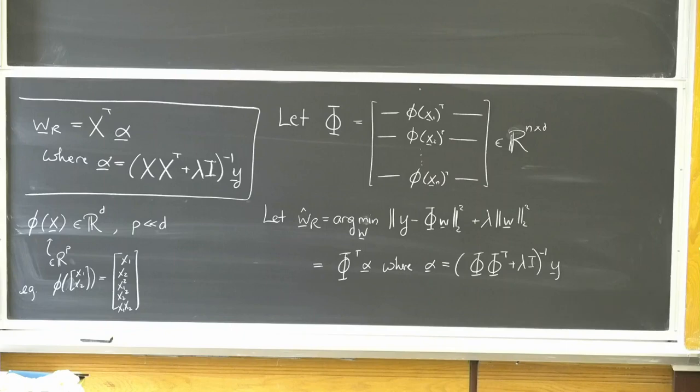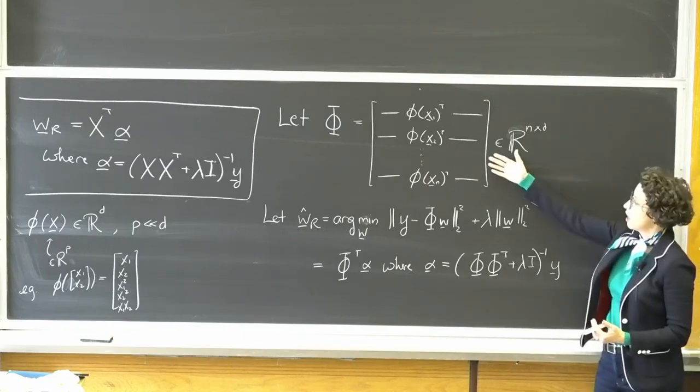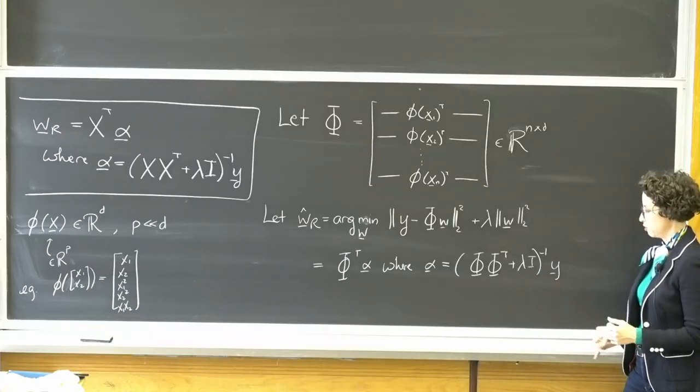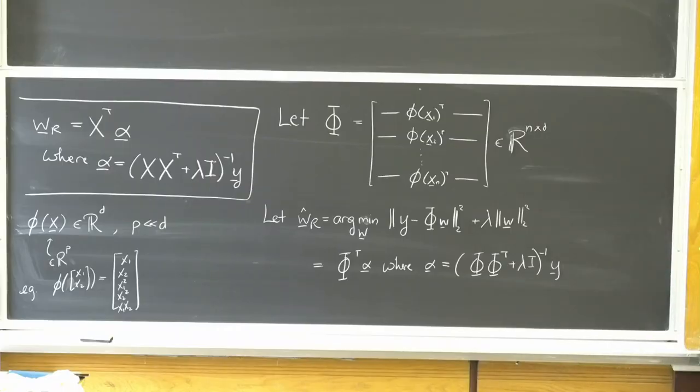So exactly the same concept. We've just essentially done a little pre-processing step to our features before we solve ridge regression. So are there any questions about this so far?